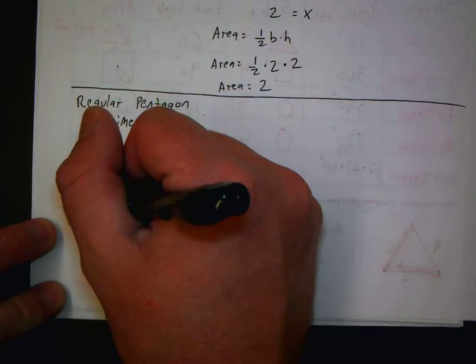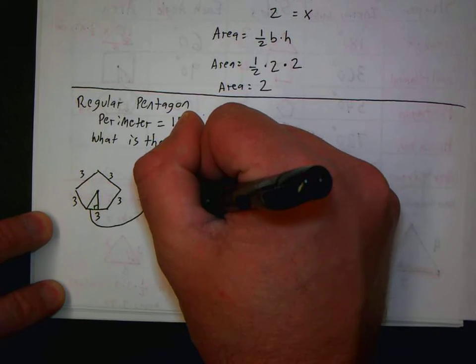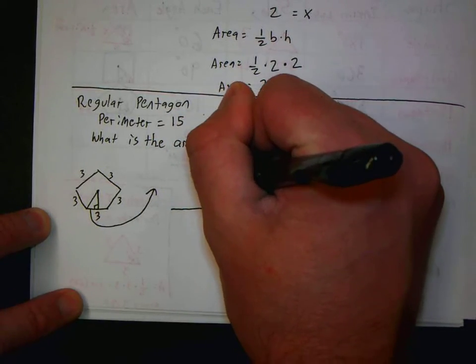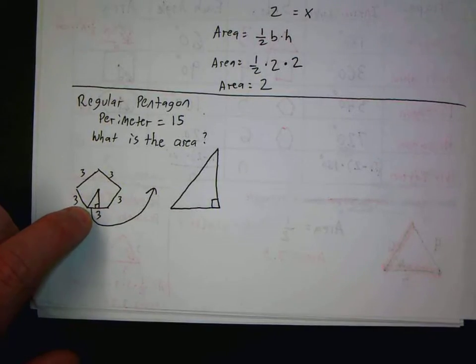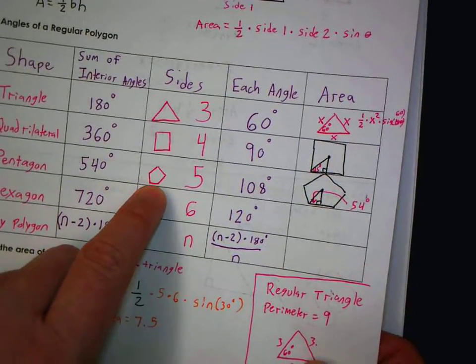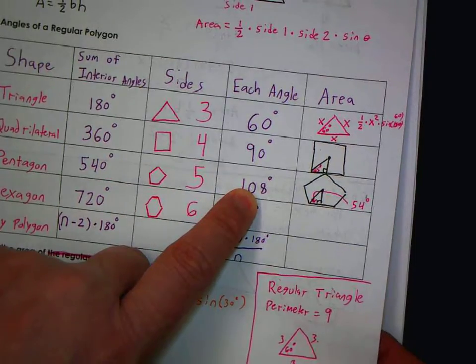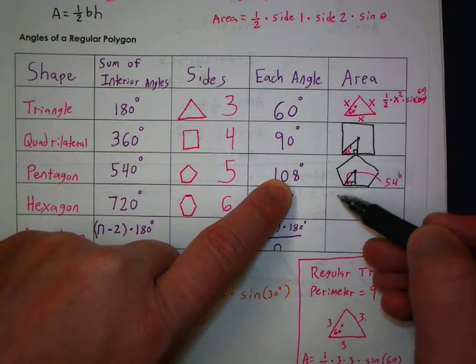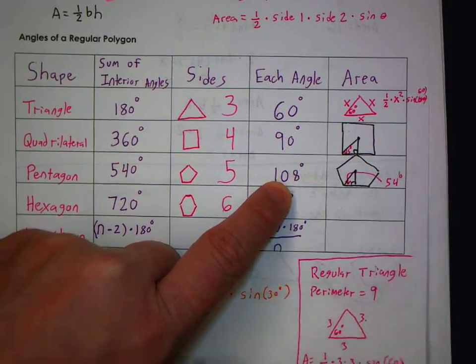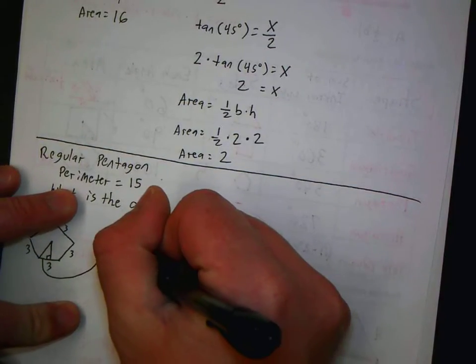So this triangle, if I replicate it, I'm going to make it bigger so it's easier to work with. We learned that each angle is 108, right? That's what we learned in a pentagon. So if you're dividing it in half, that would only be 54. So this angle right here is 54 degrees.